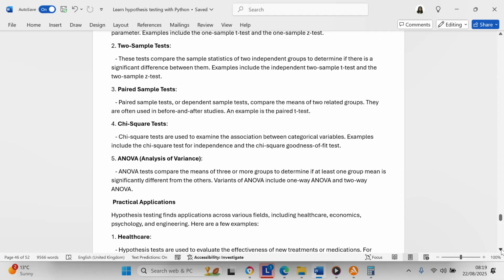And if the data is not related and you use a paired test, then that too is not going to give an accurate reading. So that's why, if the data is not related, you use an independent two-sample test. And if the data is related, you use a paired sample test.